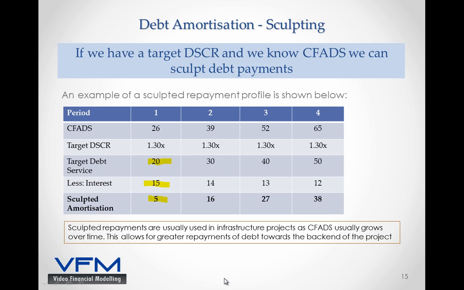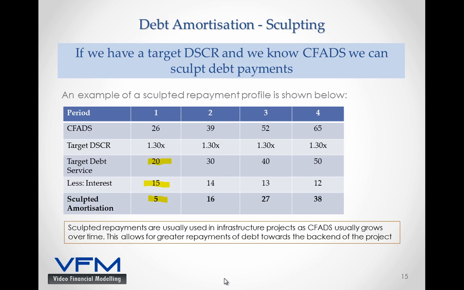Okay, and the final comment we've got on this slide is sculpted repayments are usually used in infrastructure projects as CFADS, our cash flow available for debt service, usually grows over time. This is not always the case. Sometimes, I know in sewage treatment plants, I've seen projects where your revenue grows at the same rate as your expenses.